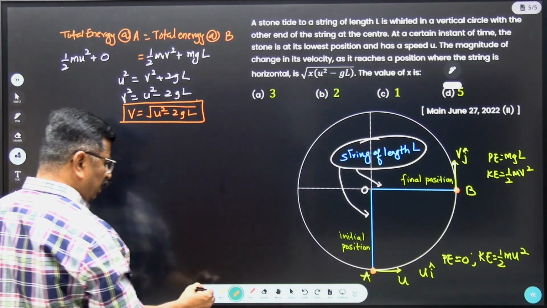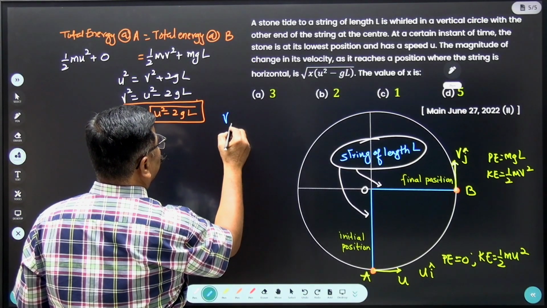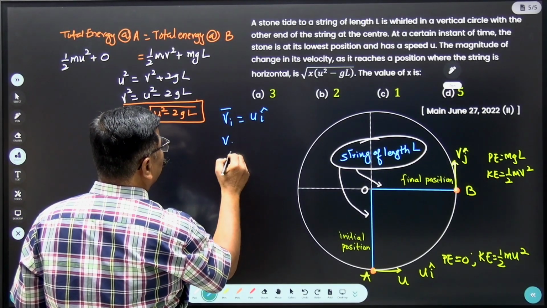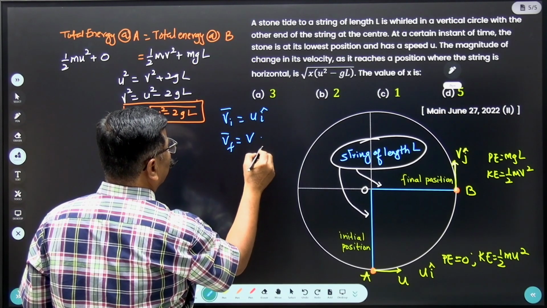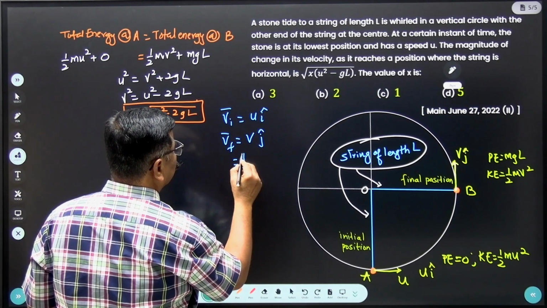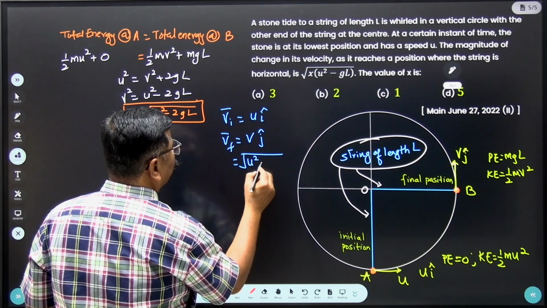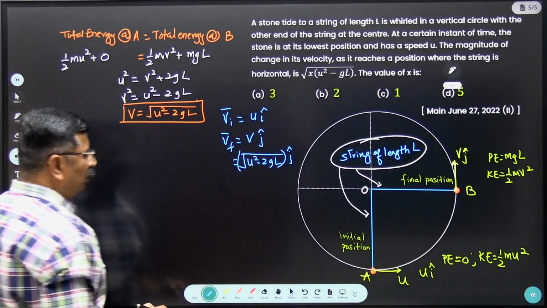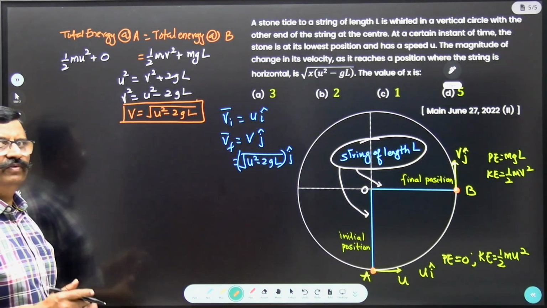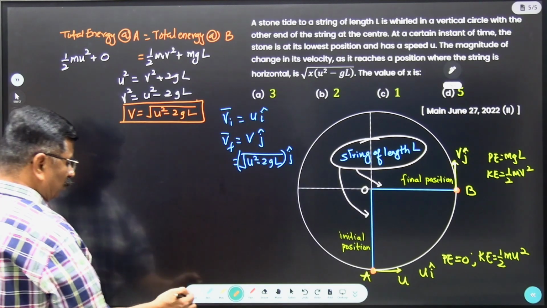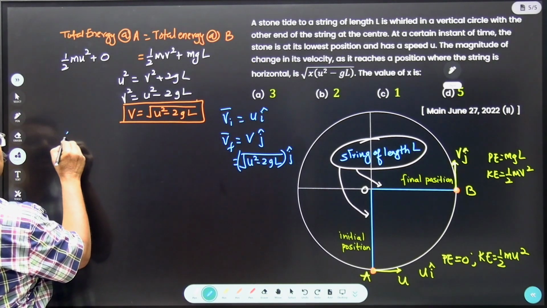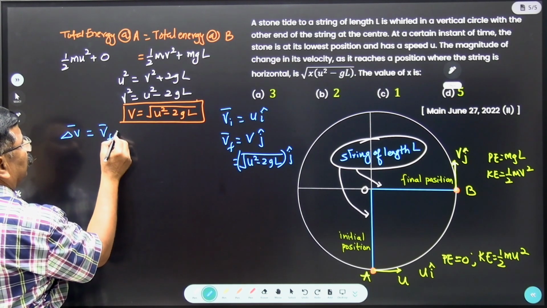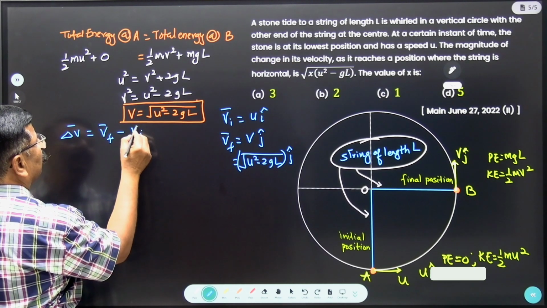Now, what is the initial velocity? V initial is equal to u into i cap, while final velocity vector is v into j cap, which is under root u square minus 2gl into j cap. So then what will be the change in velocity? Actually we want to find out the change in velocity. So the change in velocity is delta v is equal to final velocity minus initial velocity.